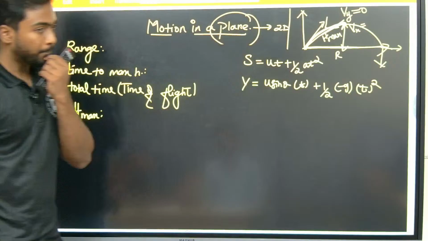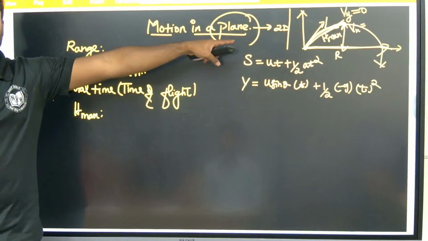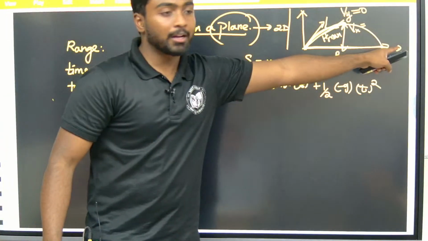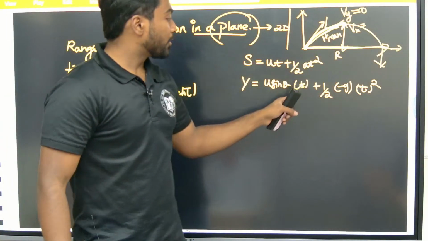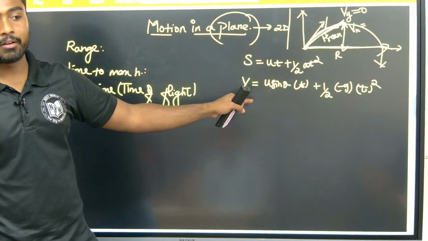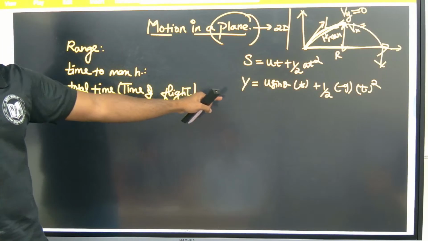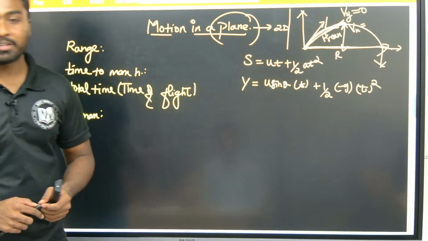What is t? Time of flight. But time of flight is in terms of total x axis. To reach maximum height, the time is u sin theta by g. I should substitute the value there, then we will get the equation of trajectory.